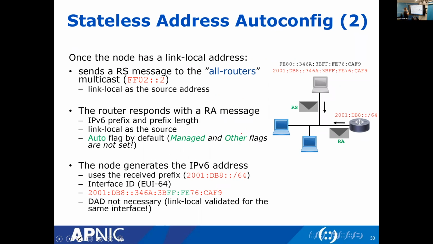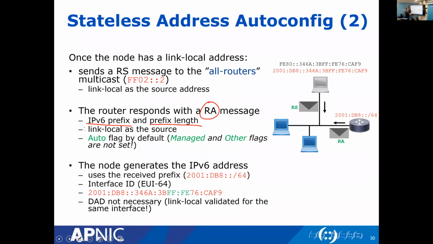Once we've got our link local address, we would then send a router solicitation message to the all routers multicast, and we would use our link local as the source address. The router will then respond with a router advertisement, and it's going to send us the prefix and our prefix length.